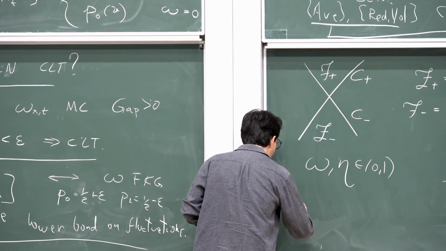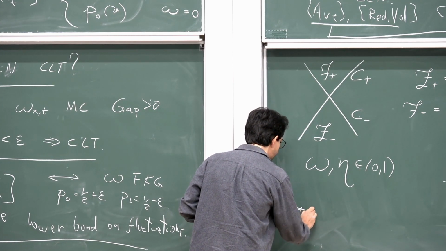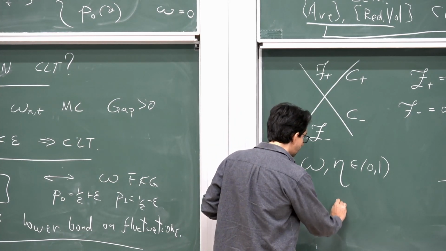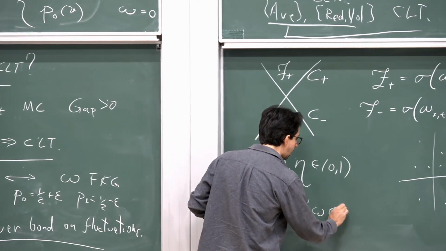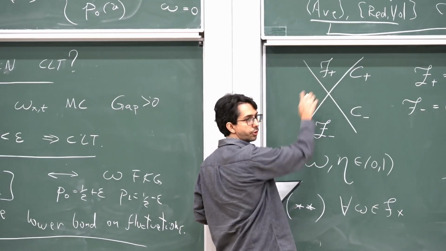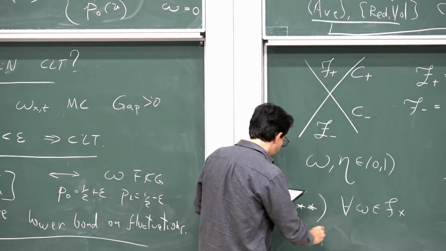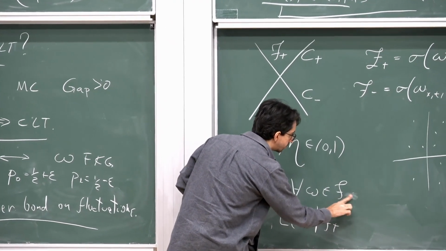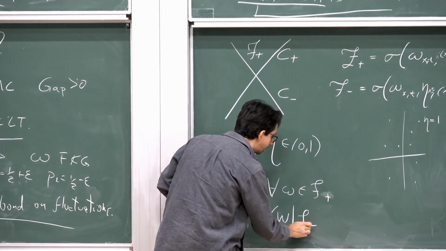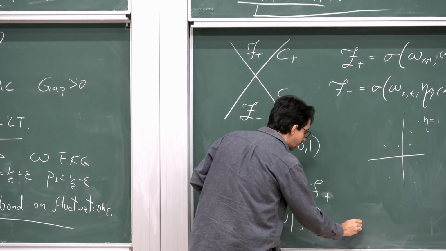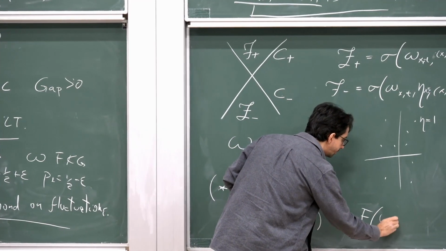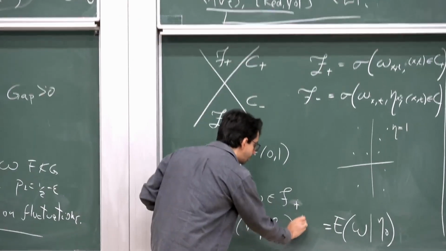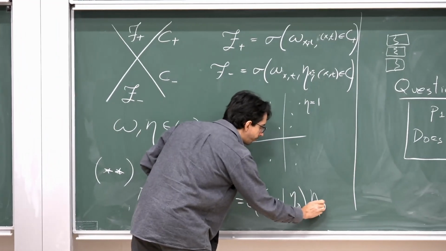The condition, I'm going to call it, for lack of a better word, double star. For every omega in F plus, so I'm looking here at the event in the future, the expectation of omega given F plus, given F minus, is the expectation of omega given eta 0 if eta 0 is 1.